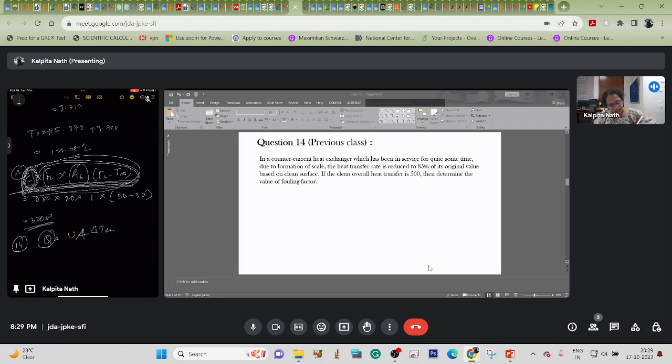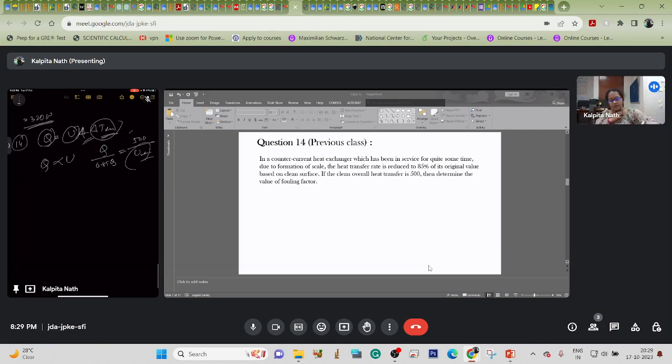That means Q is directly proportional to U, right? And as the area and the log mean temperature difference will be the same, Q is directly proportional to U. So initially it was Q upon 0.85 of Q now, which is directly proportional to, initially 500 and finally some U new.